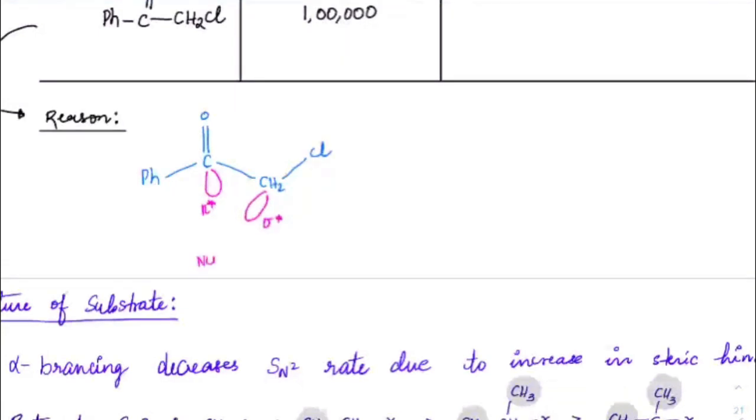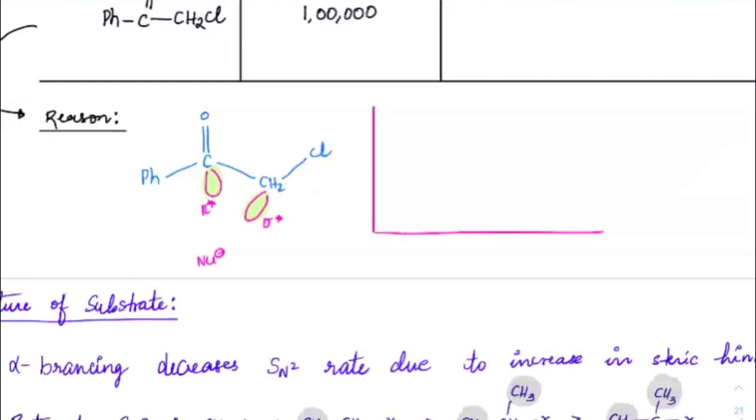And when the nucleophile approaches, what happens? These two, pi star and sigma star, both being antibonding orbitals, will interact with each other to bring an even lower antibonding molecular orbital.